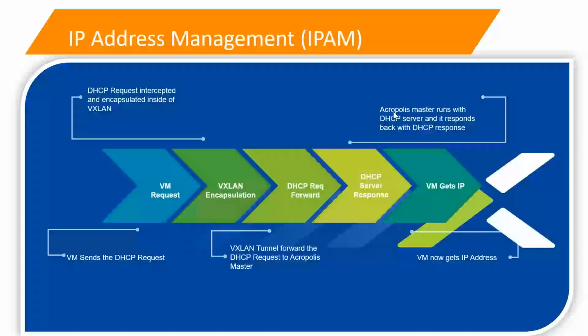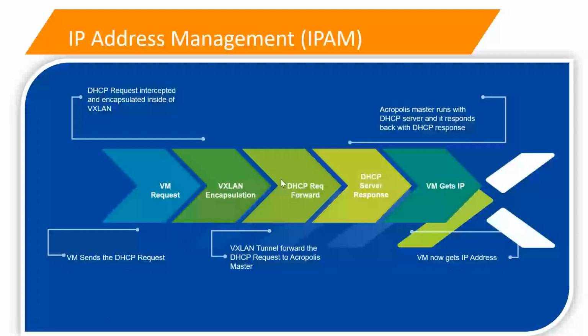I have shown you we have an option to override the DHCP server. So where the DHCP server gets assigned, that is the Acropolis master, and that master responds back with the IP address. So now the VM gets an IP address. So we are sending the request, that is encapsulated into the VXLAN, and that is sent to the DHCP server.